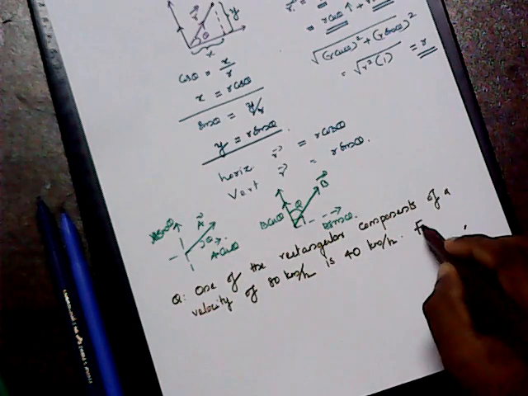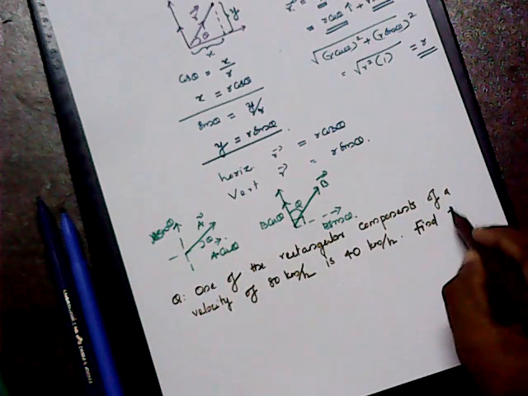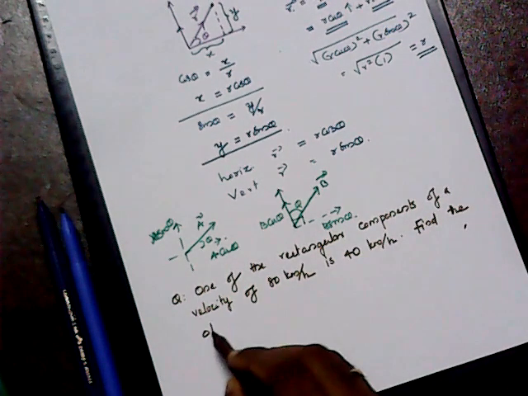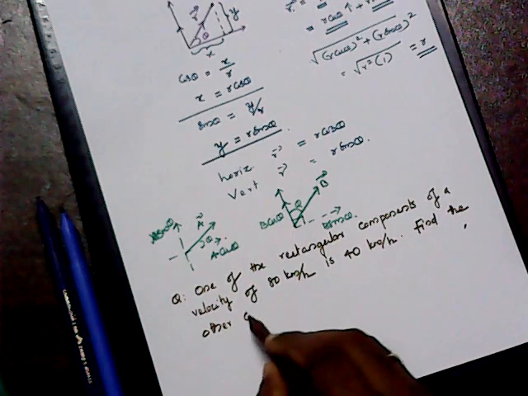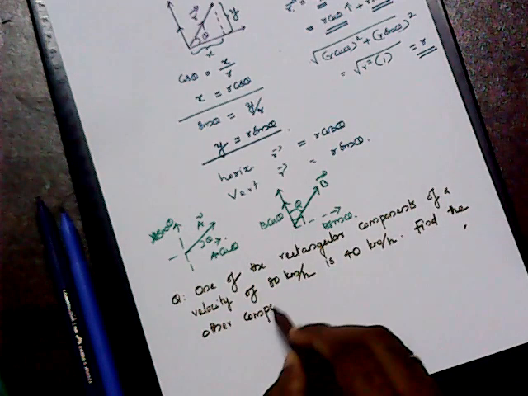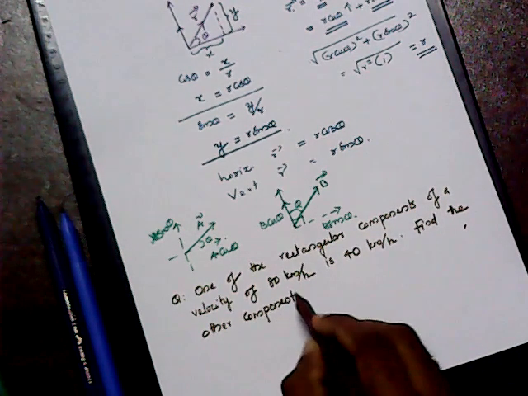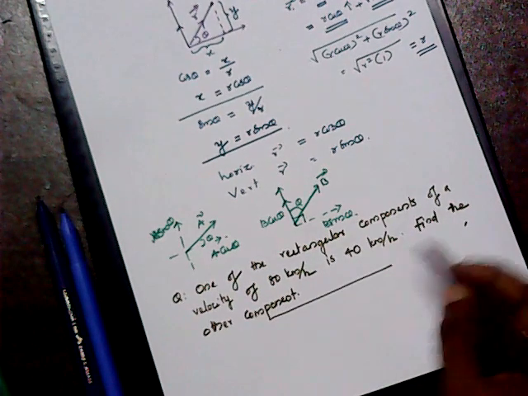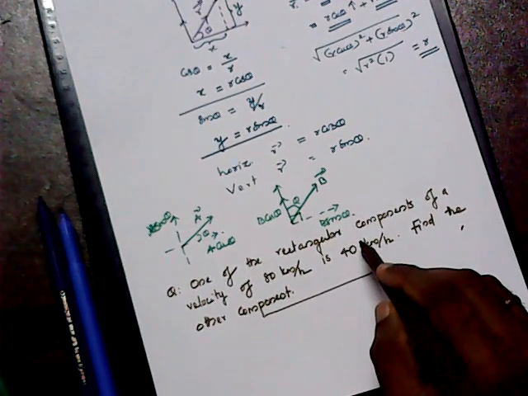Find the other component. So one of the rectangular components is 40.